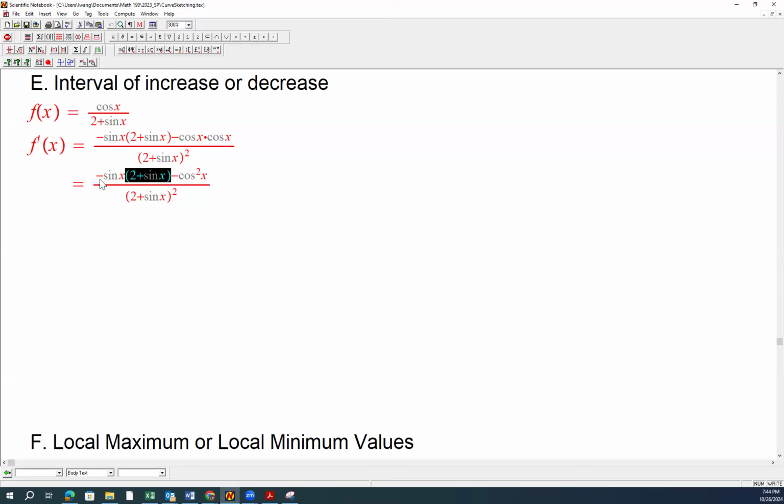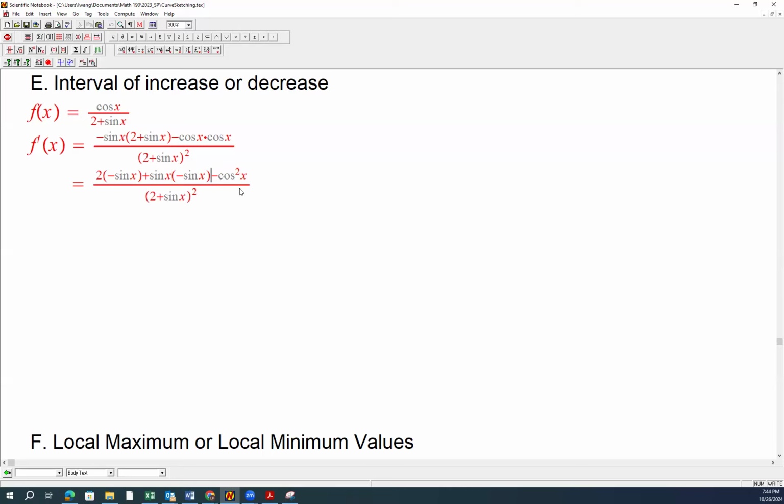And on this side, we're going to distribute. So negative sine x times 2, multiplied by 2, and negative sine x multiplied by sine x.